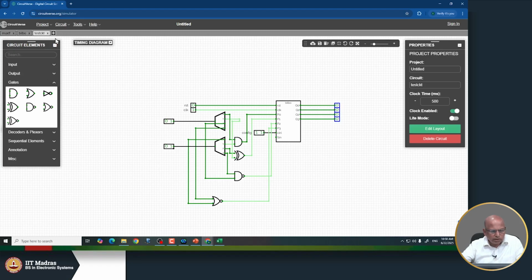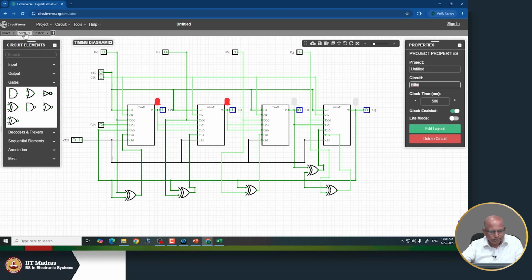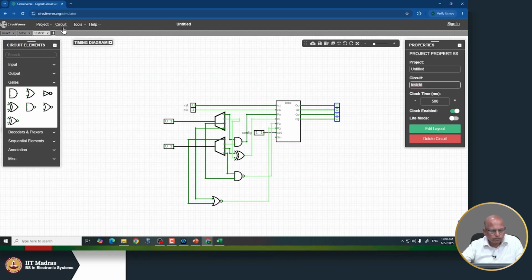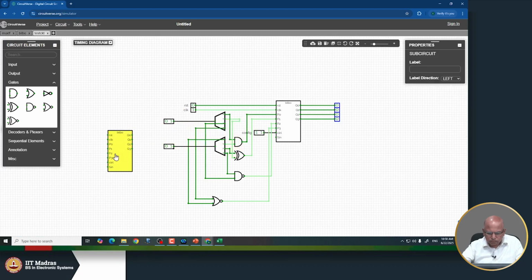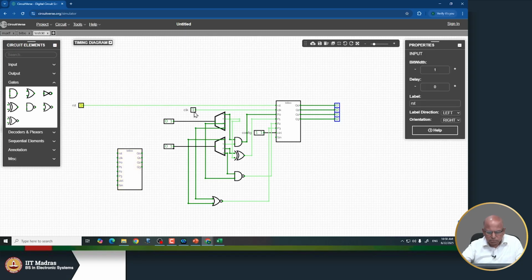Now we'll create another Bilbo here. This Bilbo I will make it work like an LFSR. Okay. So let us bring out the clock and reset here.